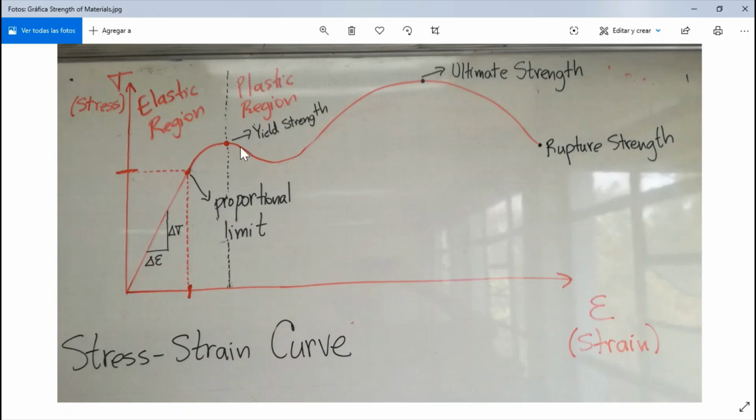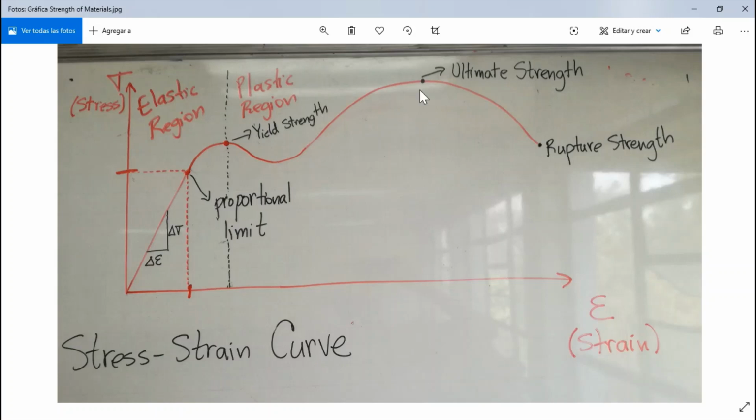This is the yield strength. The exact point on the graph in which the spring will no longer return to its original length. As we move to the right, this is an irregular behavior, and there will be a moment in which the spring will reach its ultimate strength.